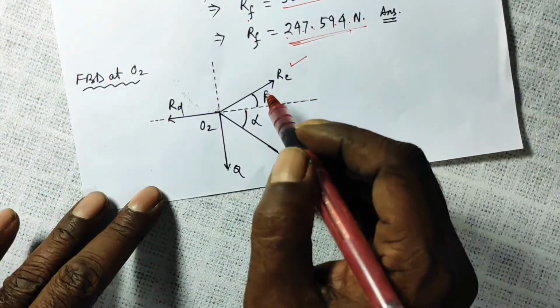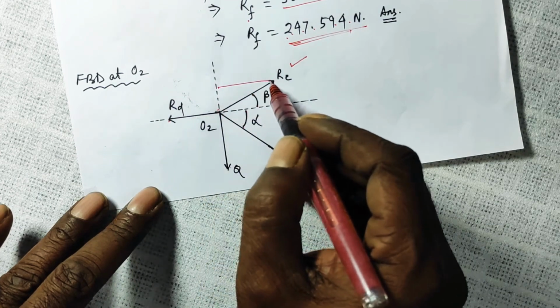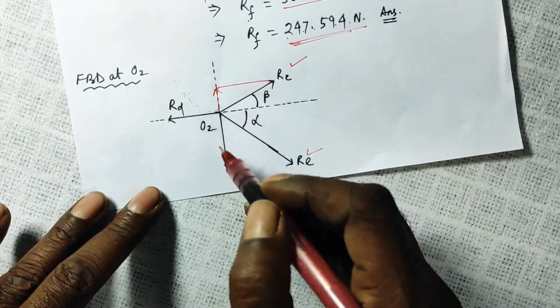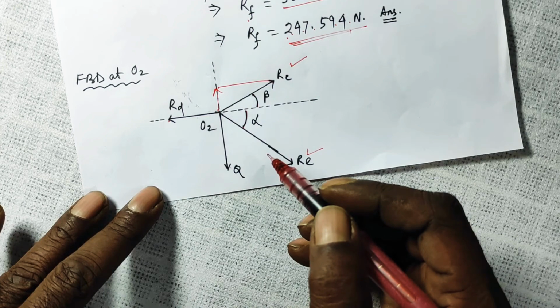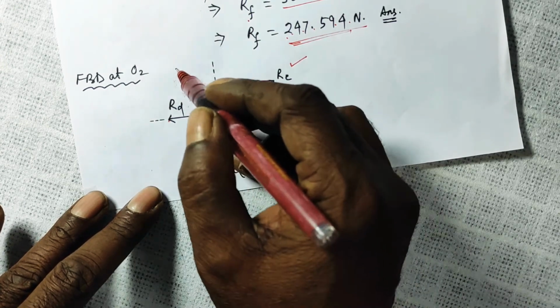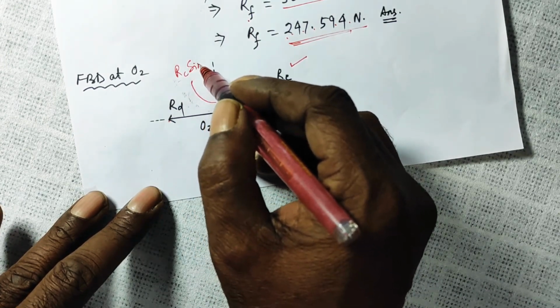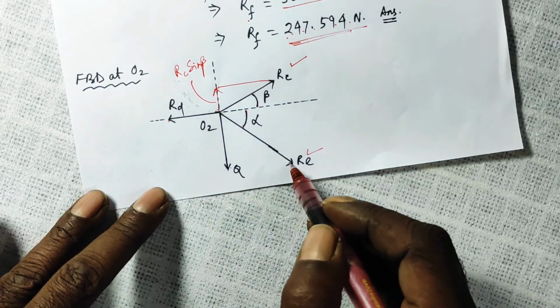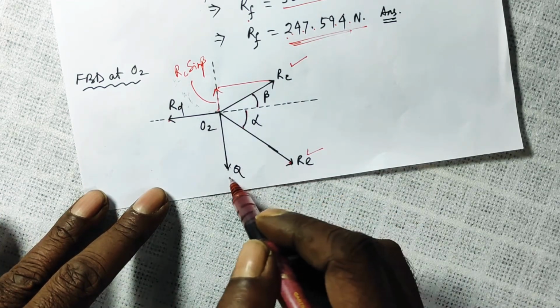Sigma y is equal to 0 means drop a perpendicular here. This much will be your RC sin beta. Now drop a perpendicular from here.